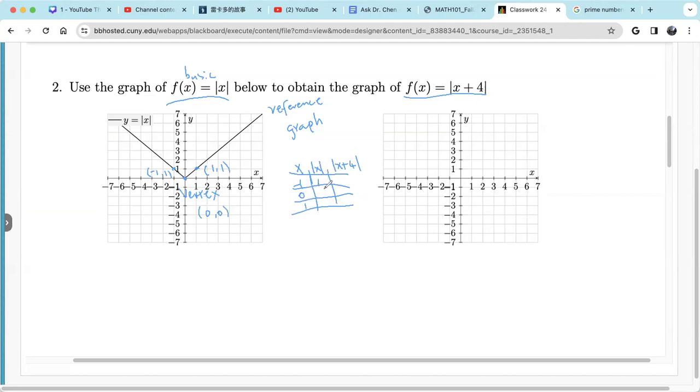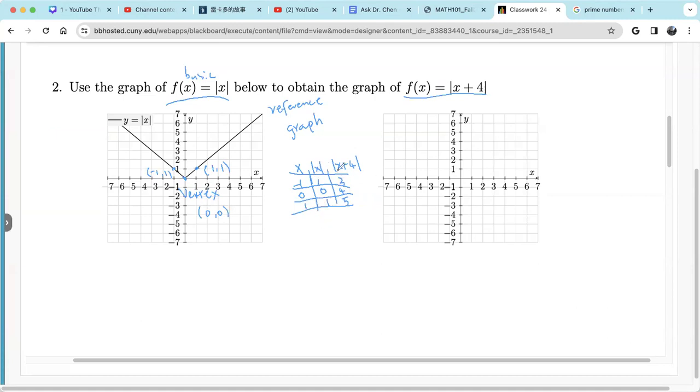Absolute value of negative 1 is 1, absolute value of 0 is 0, absolute value of 1 is 1. For absolute value of x plus 4, negative 1 plus 4 is 3, and absolute value of 3 is 3. 0 plus 4 is 4. 1 plus 4 is 5. We might need a couple more points for this one.